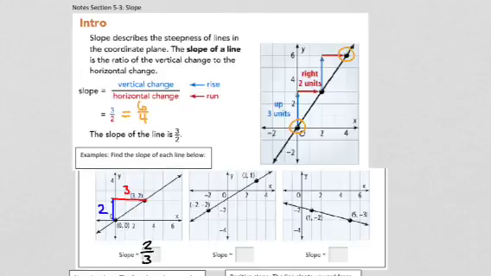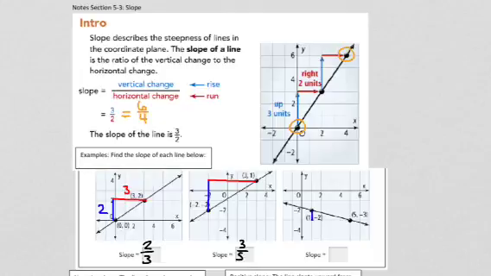If you take a look at the next one, we're going to go from the points that they designated. So we're going to rise here, which is 3 units, and the horizontal change is 5 units. So the slope is 3 over 5. And finally, this last one is a little different because we don't really rise.